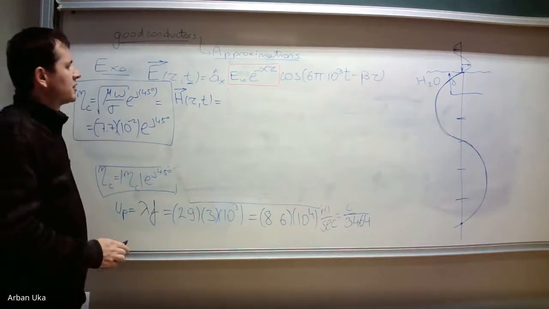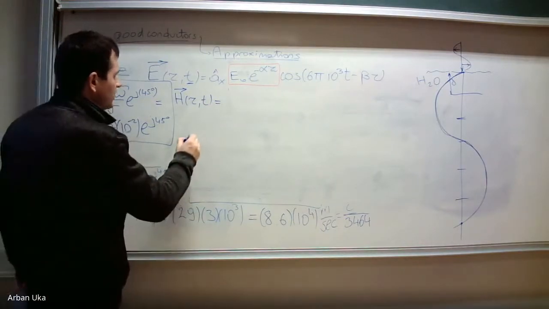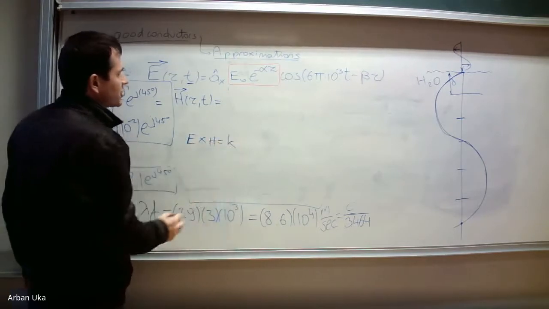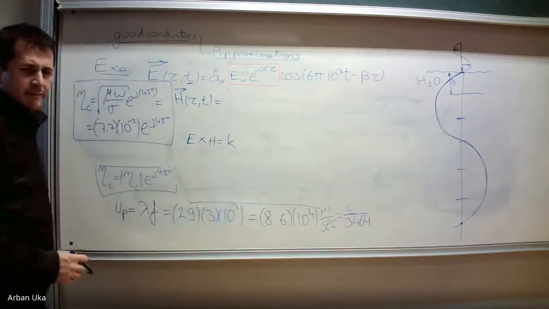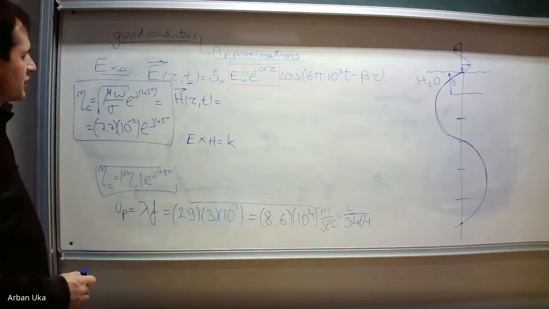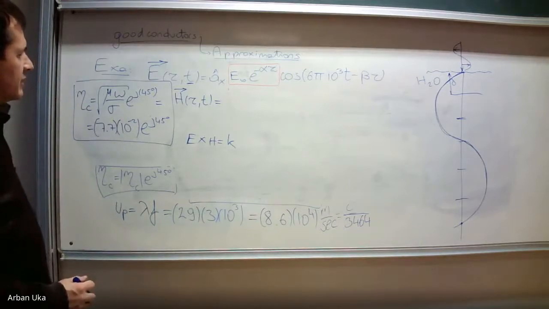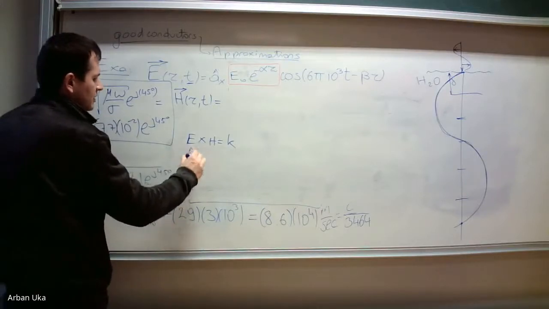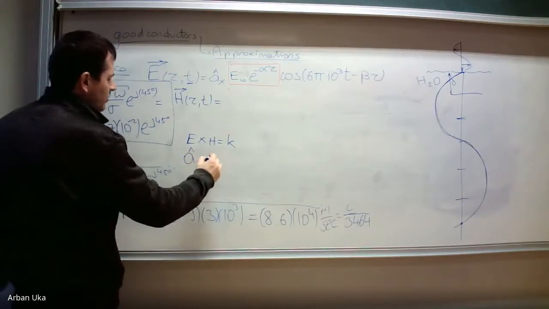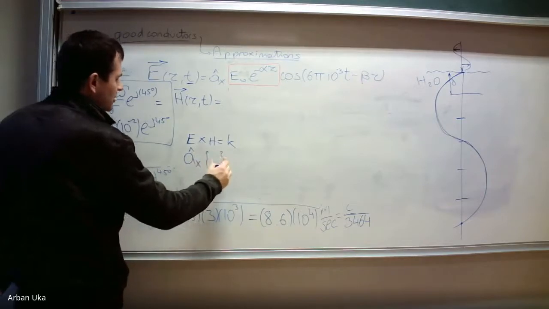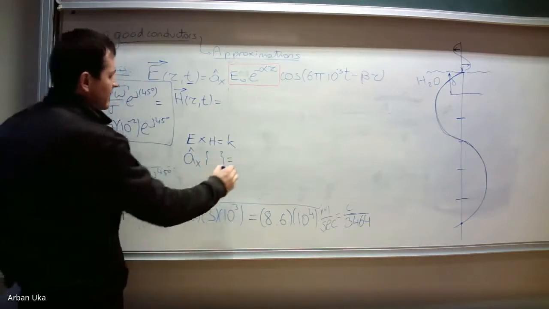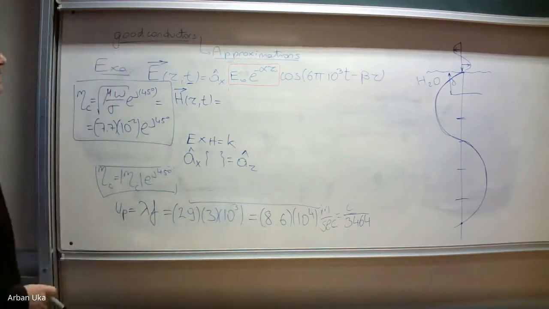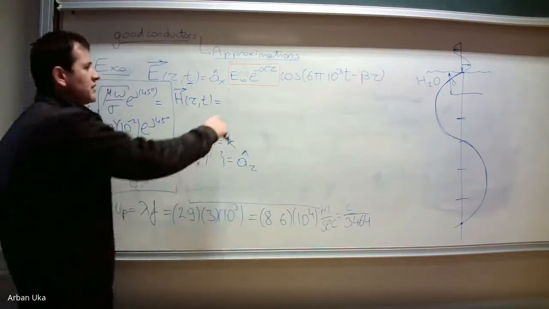We know that E cross H is equal to the propagation direction. In this expression, what is the direction of the electric field? This one is AX. Cross product with H, we don't know what H is, and this is going to be equal to AZ, because the wave is propagating along the positive Z direction.